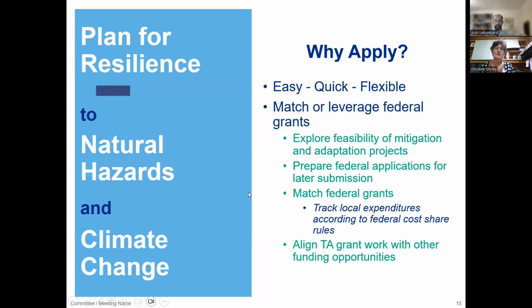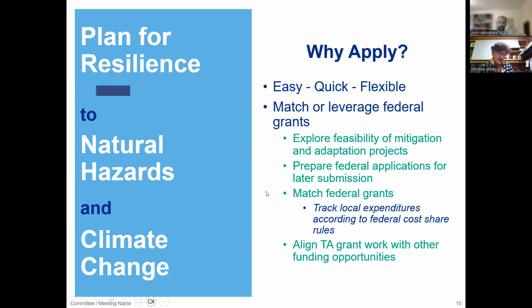All right, so the other part that's important is that a lot of these federal applications require local match. If you have a federal application that is very close to being funded, you can use these grants as part of that match for the local match.